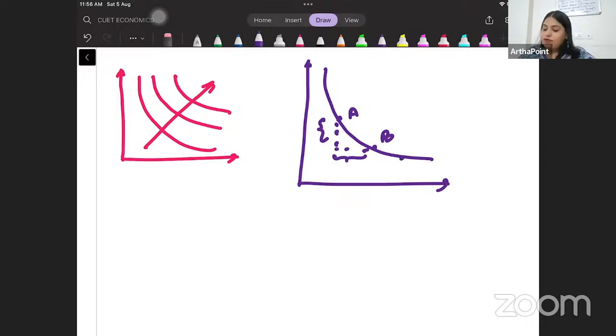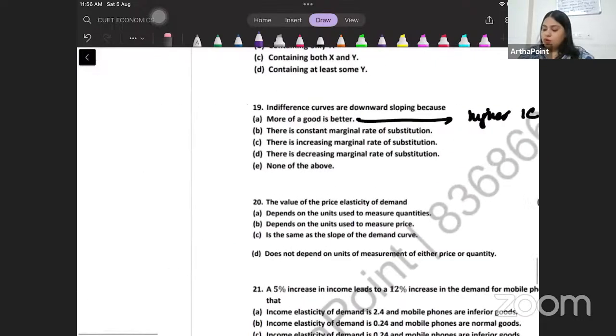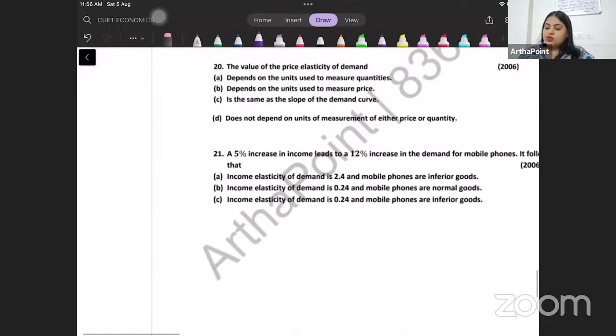When I keep going from point A to B to C, I am sacrificing good Y to purchase good X. And note that with time, I want to sacrifice less and less of good Y to consume an additional unit of good X. Clear? Okay. Come to the next question.